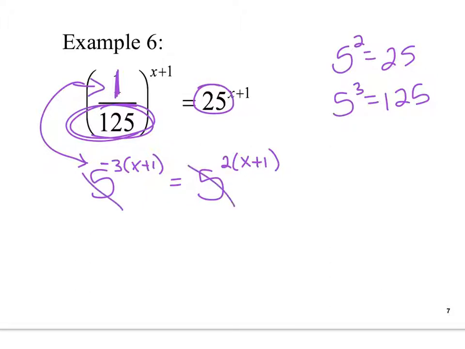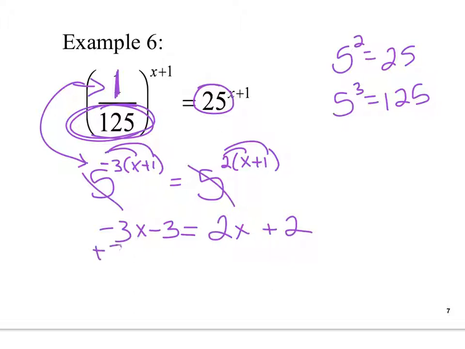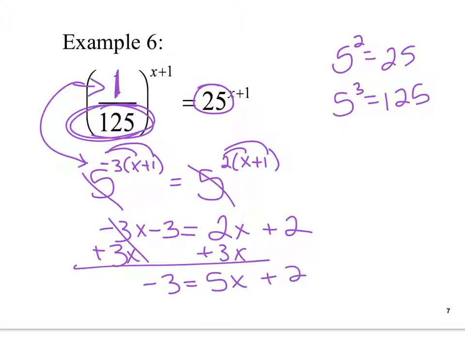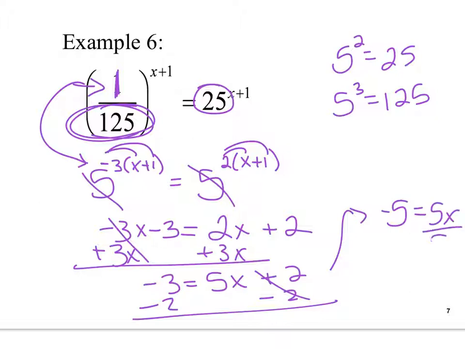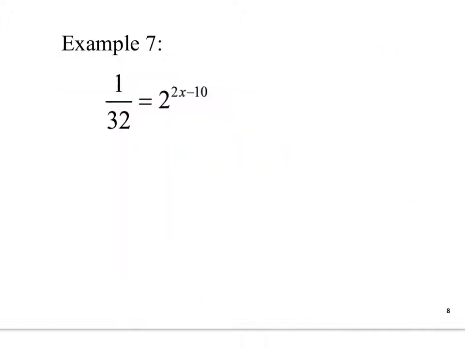Drop the 5's, negative 3x minus 3. We're distributing in here. 2x plus 2, and we solve. So I'll add my 3x, so we wind up getting negative 5 equals 5x, as long as I didn't make any stupid mistakes, and we get x equals negative 1.